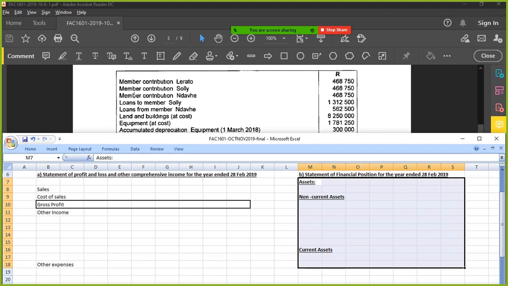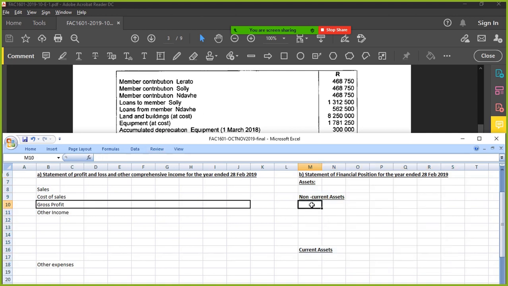Okay, so when you have a loan to a member, obviously the business is giving the loan to a member, so the business will be receiving that back. Okay, so loan to member, you would assume is long term unless told otherwise. Okay, so Soli's loan.